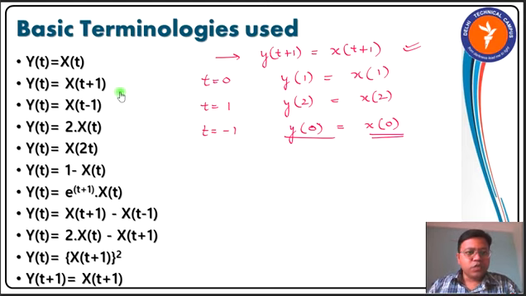So the conclusion that we can draw from the discussion on these systems is that whenever there is time shifting in the input or time scaling in the input, the system will depend upon past and future.